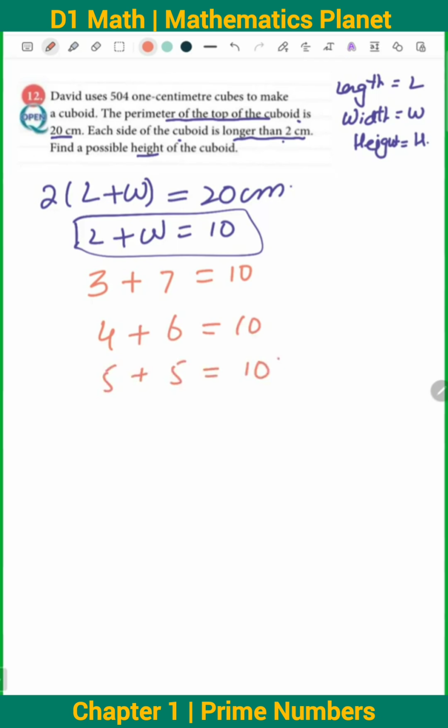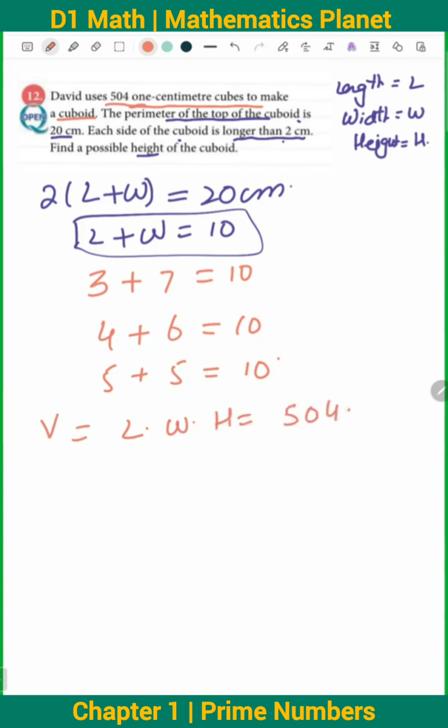Now, we need to calculate the volume, because the question says David uses 504 centimeter cubes to make a cuboid. So it means the volume is given. Volume is equal to length times width times height, which is equal to 504.